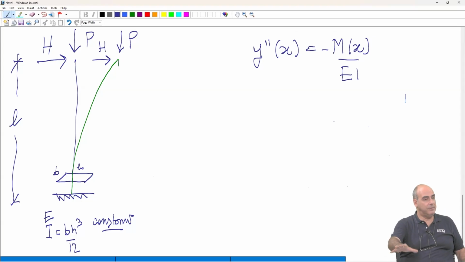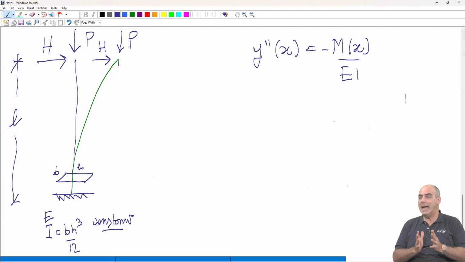But as a matter of fact, this equation here, without any meaning of y and x, does not mean anything. So first of all, we have to define which is our reference system in this case.